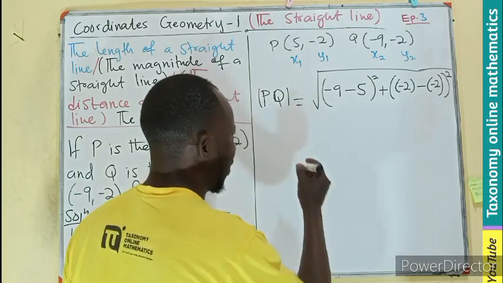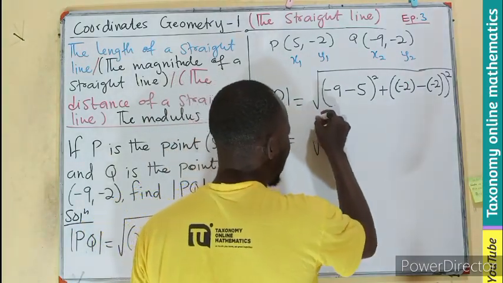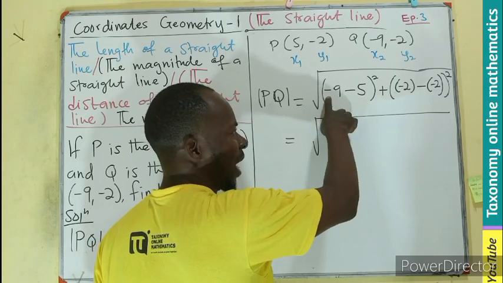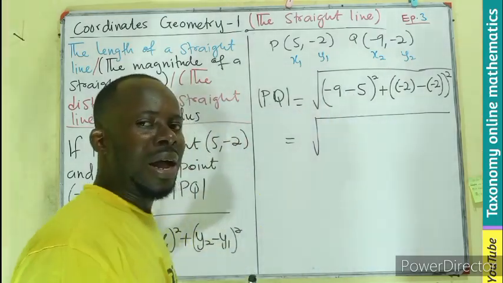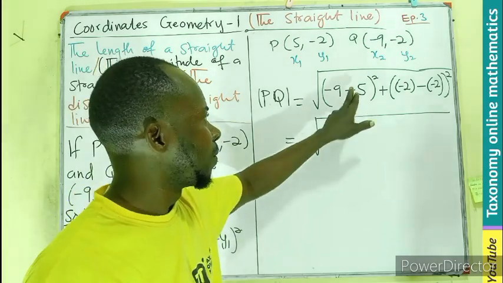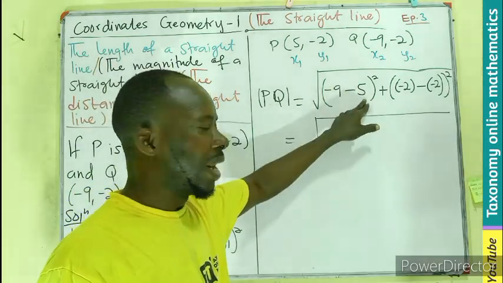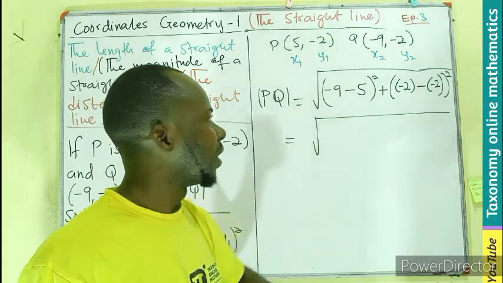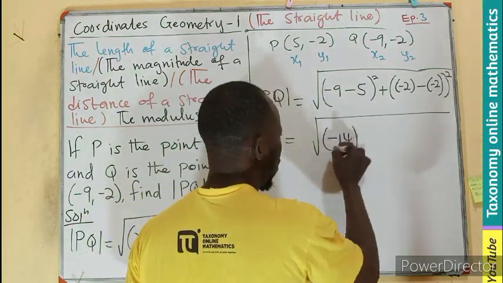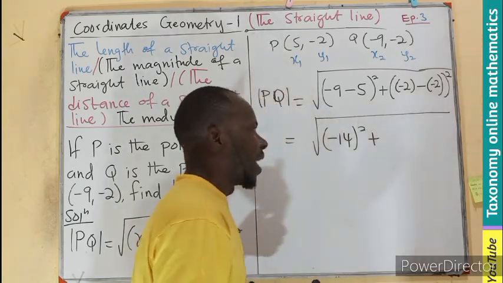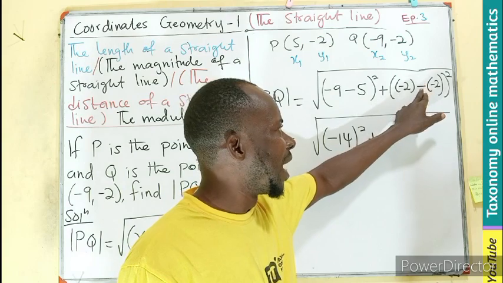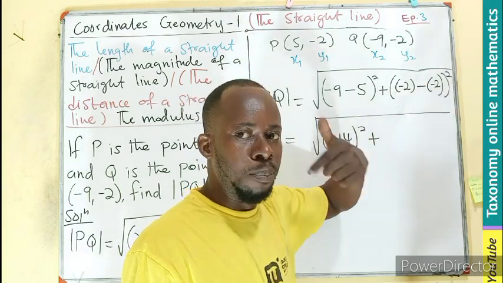All right, so let's continue to the arithmetic. Minus 9 minus 5, taking it as minus 9 plus minus 5, will give you minus 14. So I'll have minus 14 all squared, plus, in the case of this, negative negative becomes positive.